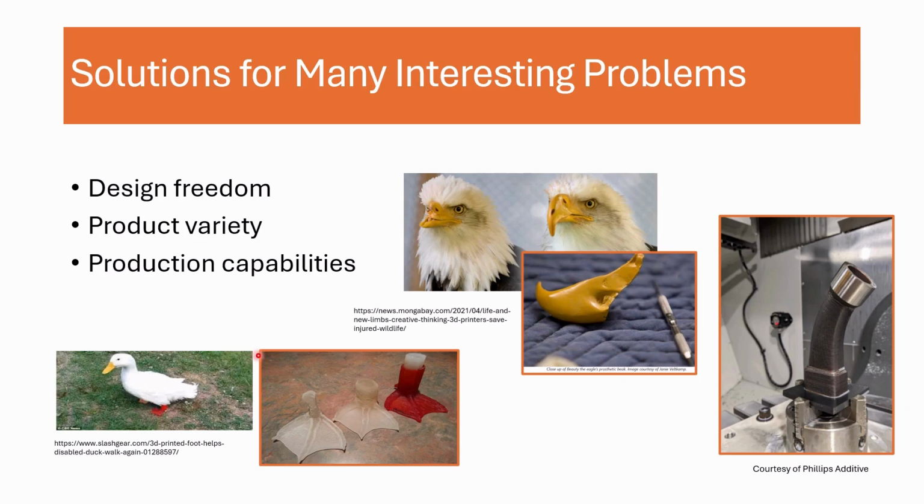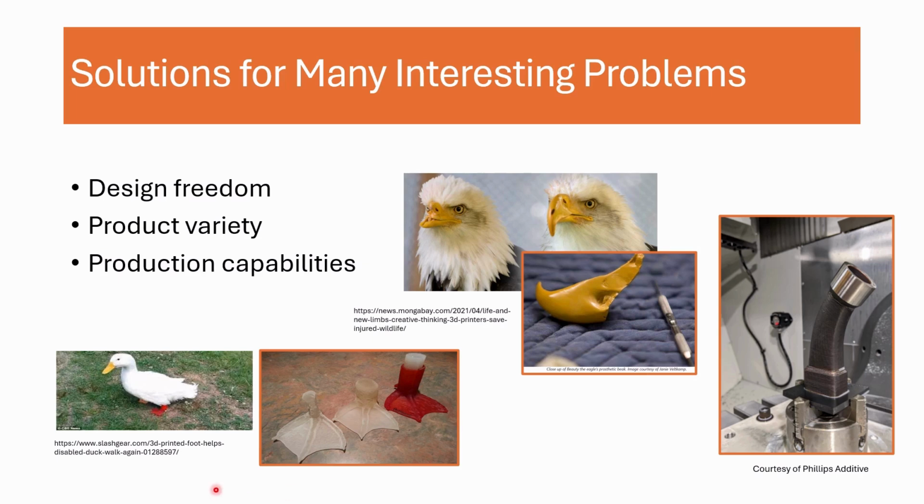And then unfortunately, we have an eagle. Here we can see that its beak has been shot. With a little bit of reverse engineering and clever design, combined with additive manufacturing and a little bit of fit and finish, that eagle is good to go. Here is a specific custom-made prosthetic for an eagle.